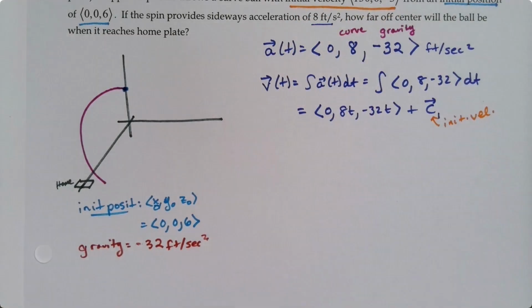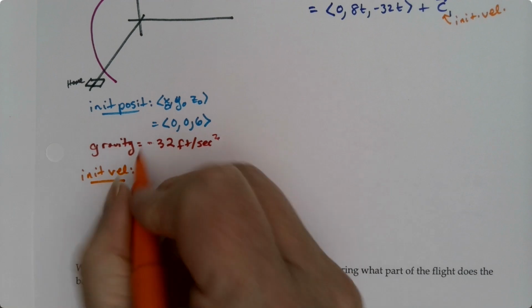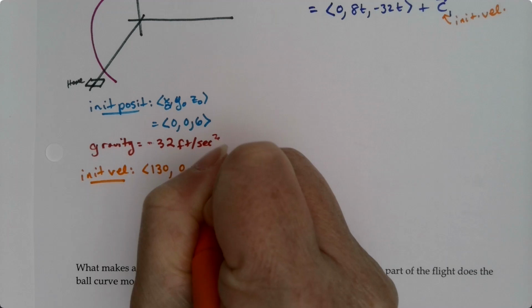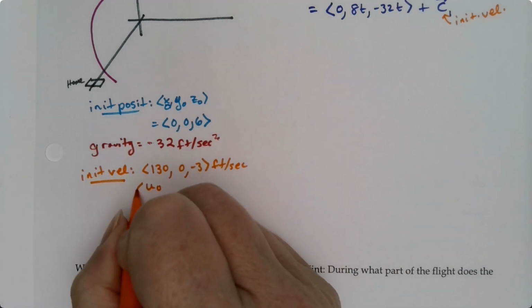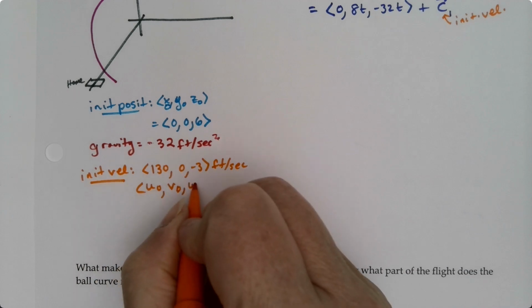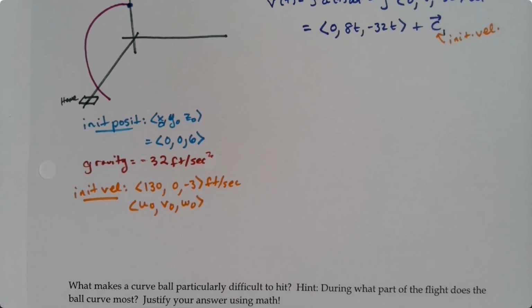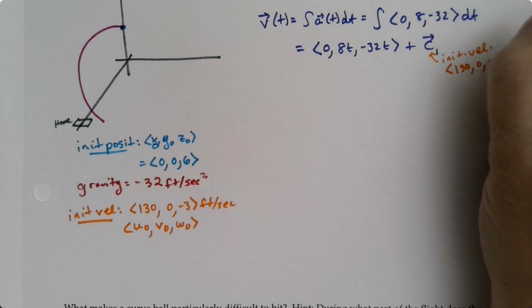It's given to me in the problem. So I'll just write that down here. Initial velocity is 130, 0, negative 3. That would be feet per second. This is u0, v0, w0. It's just the letters we use. So this is 130, 0, negative 3.